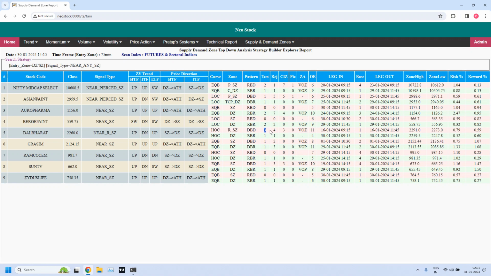This is already tested 3 times, with 4 rejections. So that's why look for a fresh 15-minute zone or a fresh 5-minute zone inside 15. So we have only one high liquidity supply zone stock, Dalmia Bharat, in this list. This is about the 75 minutes time frame.